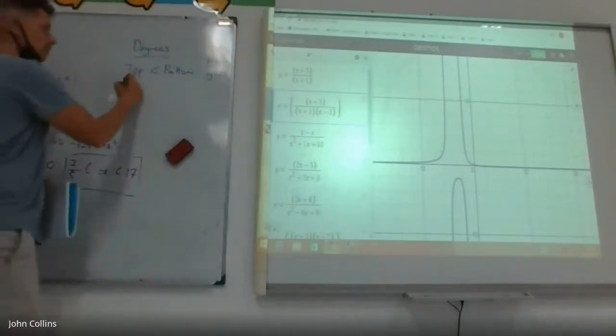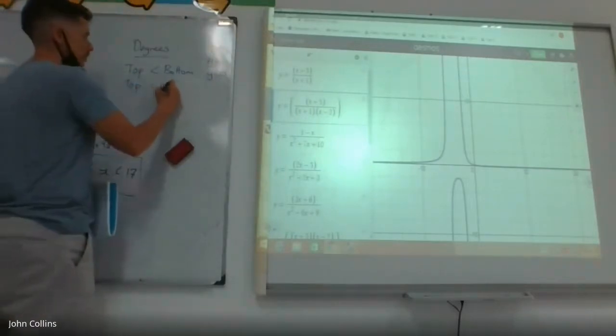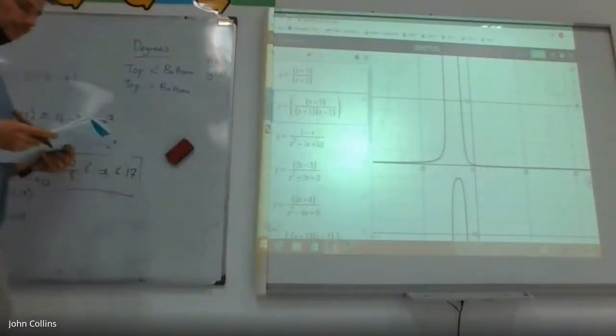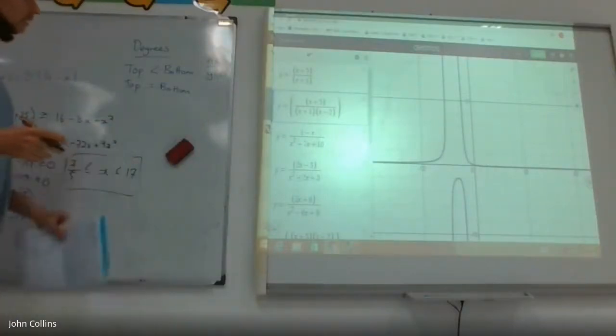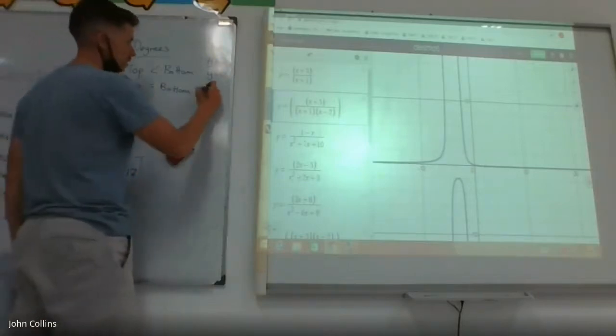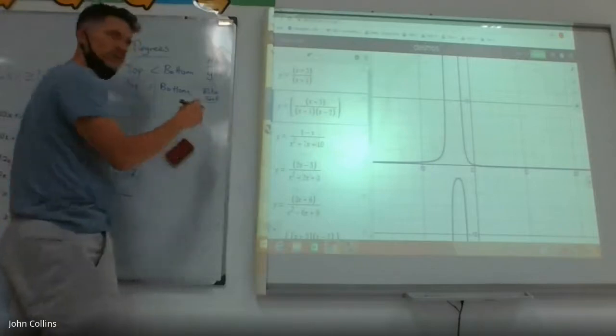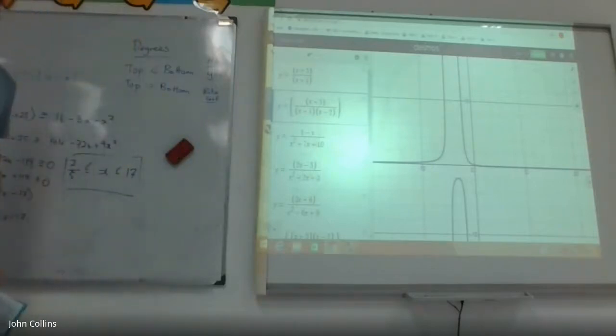If the top degree is equal to the bottom degree, then it's the ratio of the coefficients. So if it's 2 over 1, or it's 3x over 3x, or 3, right?